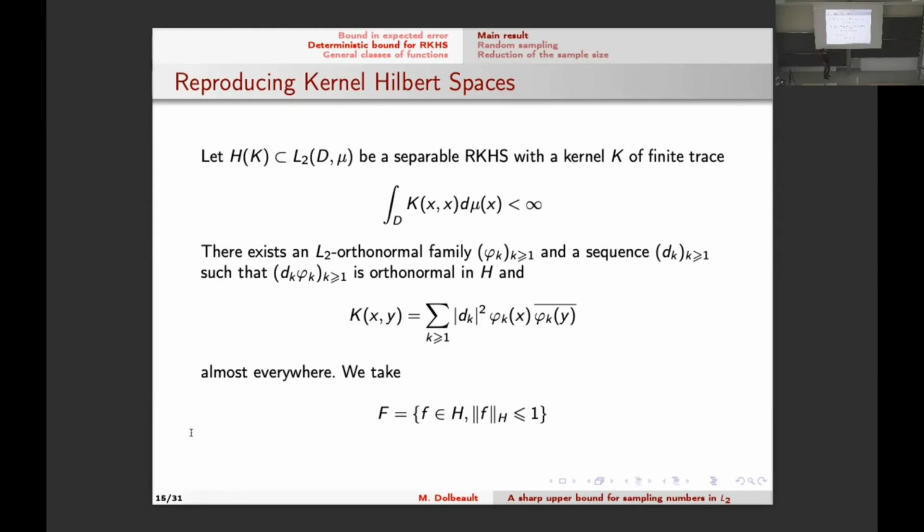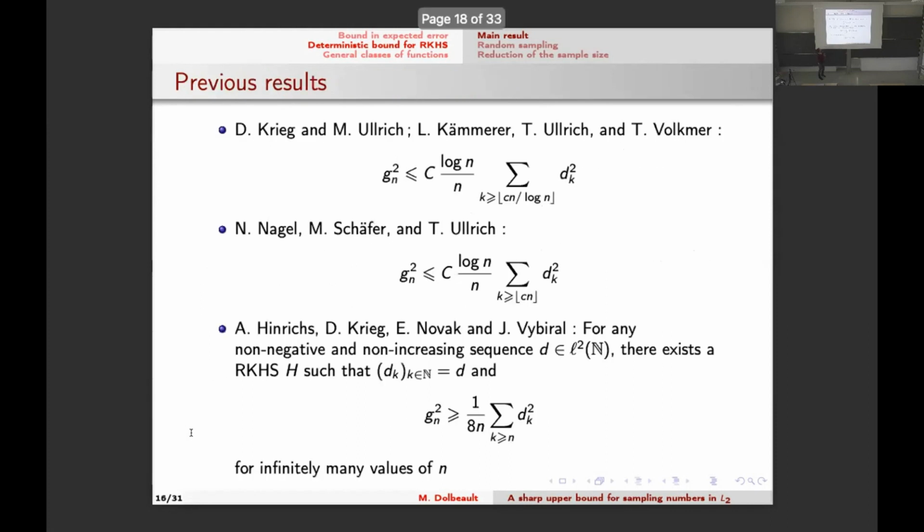And what does it tell me? It tells me that the singular values, which are in fact the Kolmogorov weights, that's why I denote them dk again for this class F, are L2 summable. That will lead me to results like the one I presented in the beginning, in which I bound the sampling numbers by the L2 tails of the Kolmogorov weights.